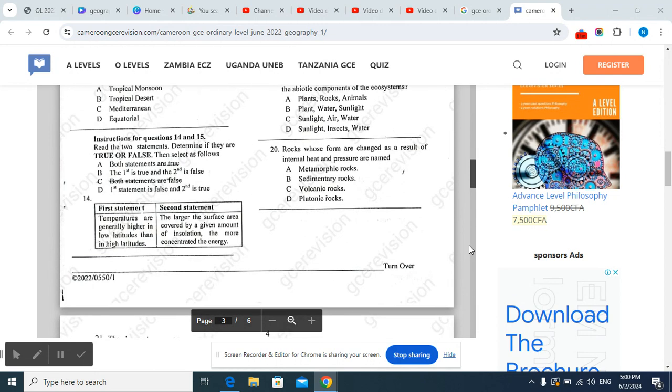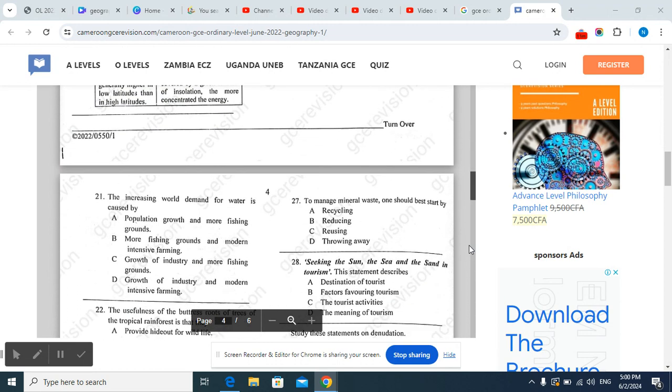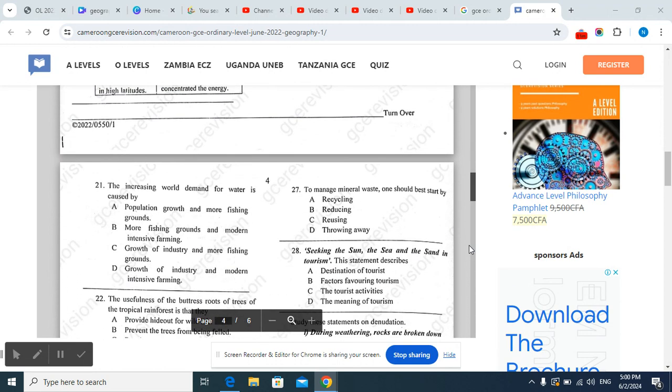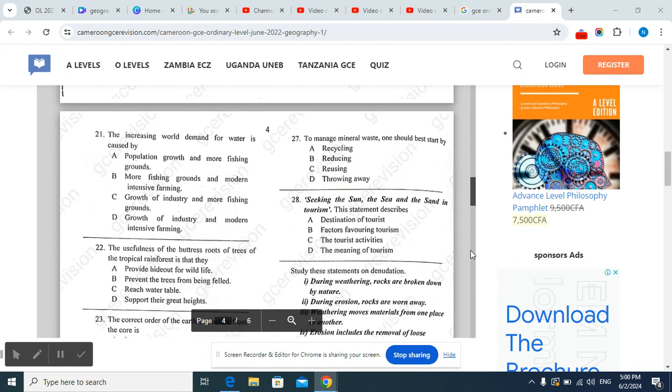Number 21. The increased world demand for water is caused by, the answer is D. Number 22.